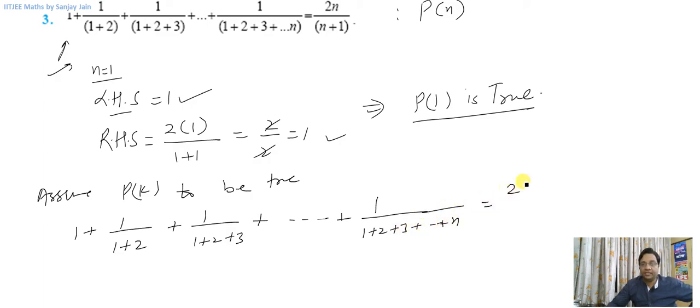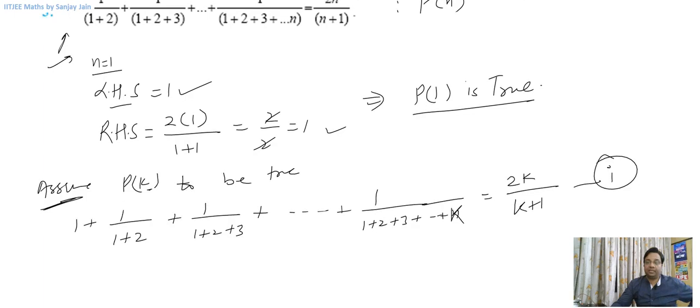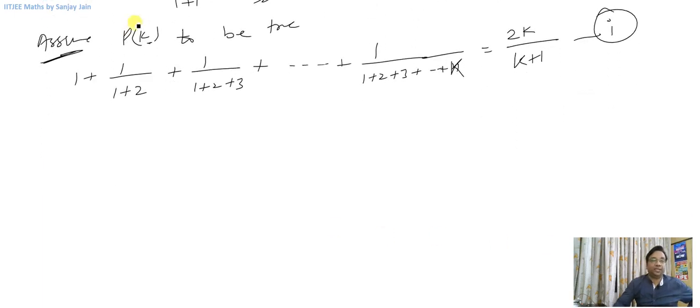And on the right hand side it will give me 2k over k plus 1, because I have assumed Pk to be true. Now this is my first equation based on this assumption that Pk is true, and using this, if I can prove that P of k plus 1 is true, then I'll say that by principle of mathematical induction the original statement, that is P of n, is true.